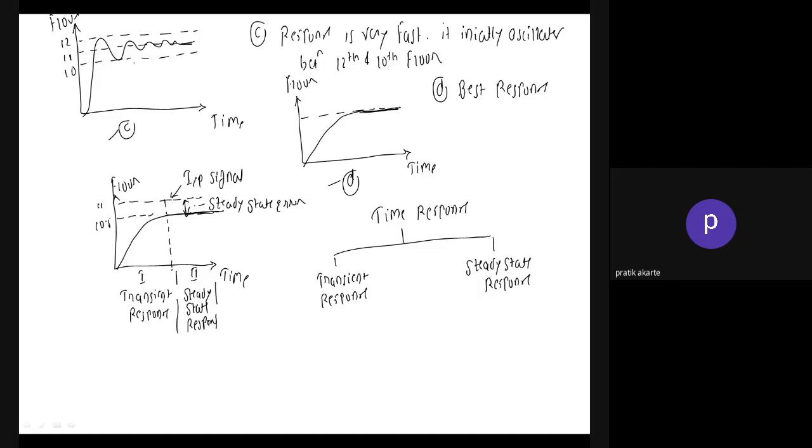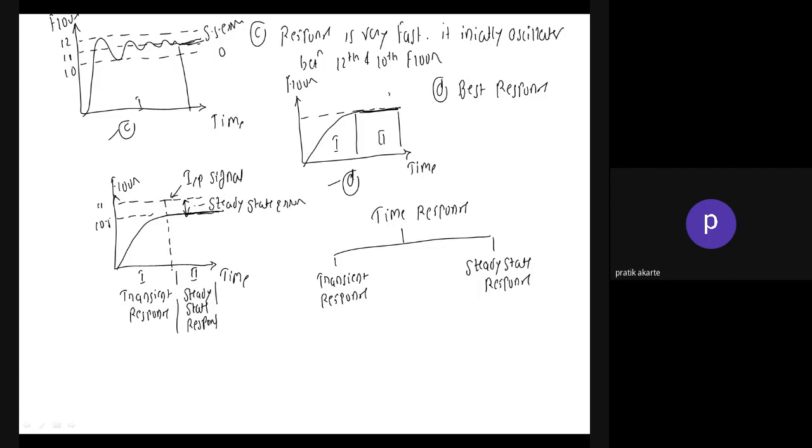Okay, now if we talk of this diagram, where the system is oscillating, this part is your first part, the transient response, and after that your steady state error becomes zero. Also in this case, if we divide it, it is the first part, the transient response, and this is the second part, the steady state response.